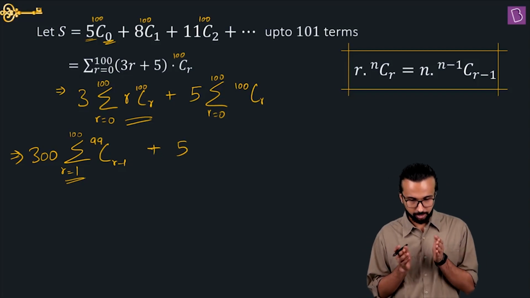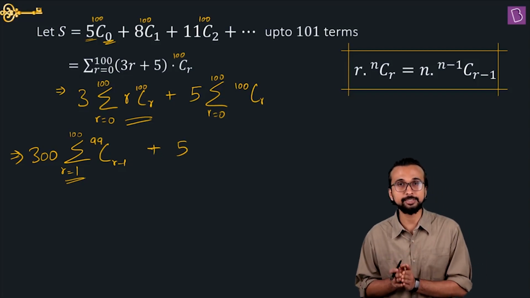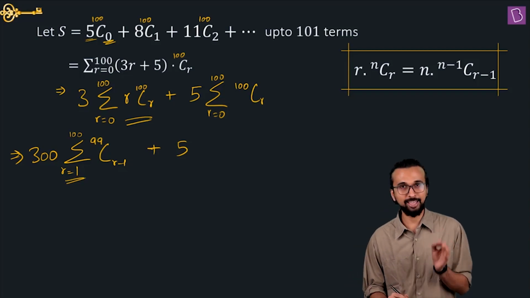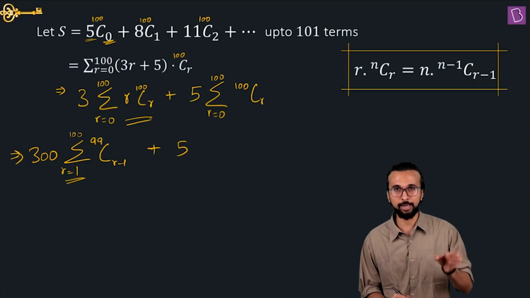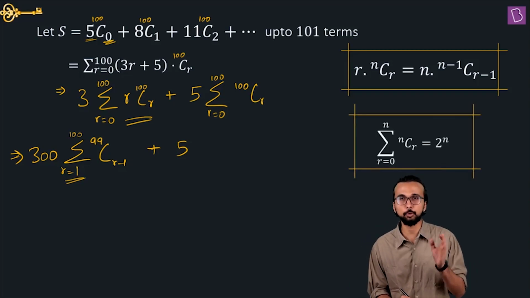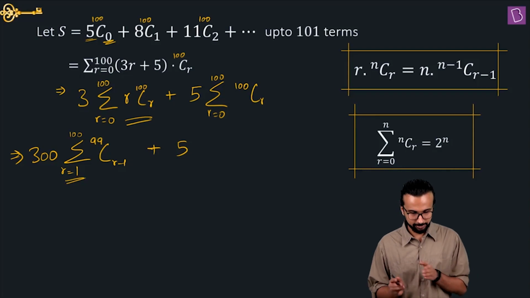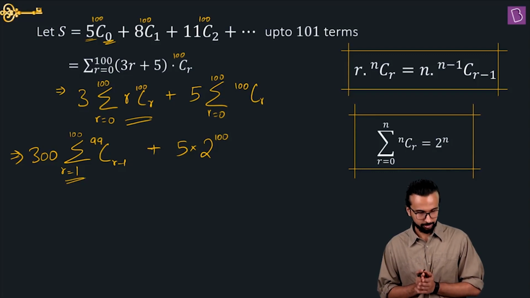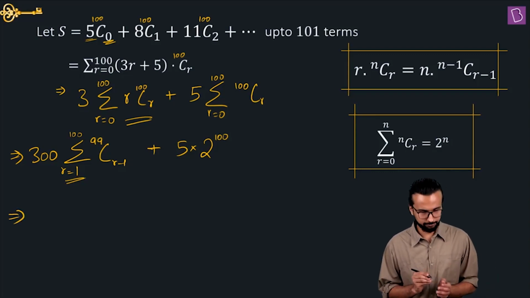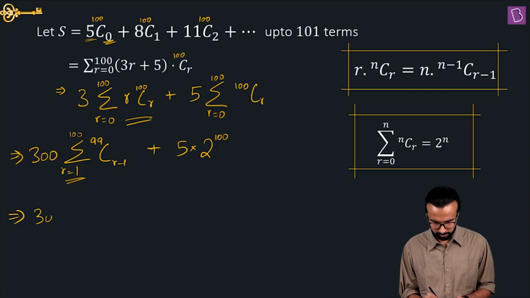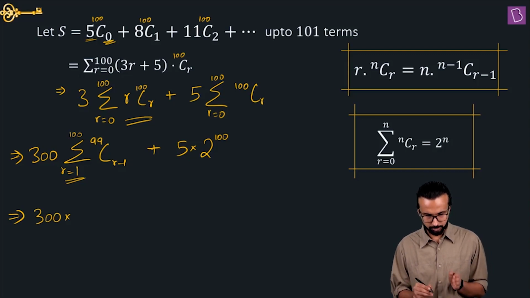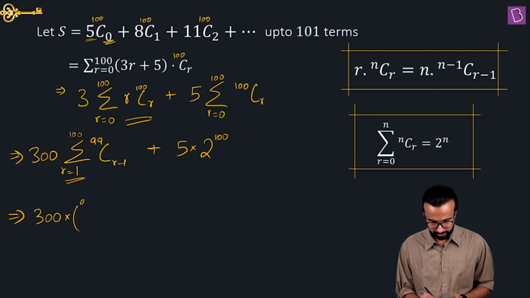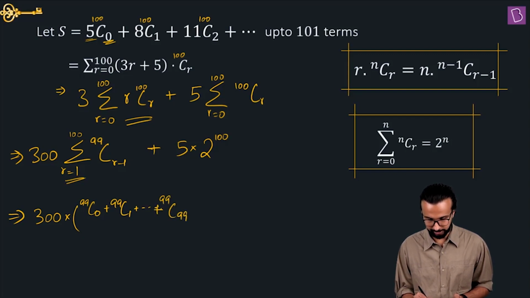Plus 5 into the summation R equal to 0 to 100, 100CR. If you have NCR and you're summing from R equal to 0 to N, you get nothing but 2 power N. Don't forget this. So this becomes 2 power 100. This can be written as 300 into, when I expand this, 99C0 plus 99C1 all the way up till 99C99.